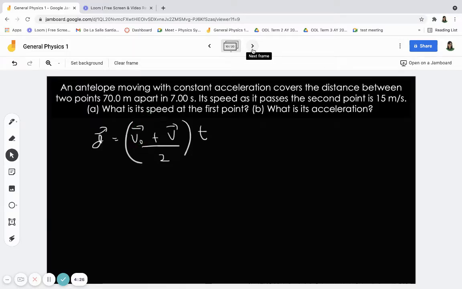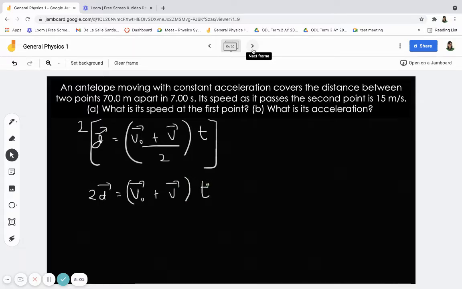And by technique, well, there's no hard rule really when it comes to isolating a variable, but by practice, I usually get rid of the denominator first, because once you get rid of the denominator in the region where you want to isolate something, you'll actually be able to do the rest smoothly. So I'm going to get rid of that denominator 2 by multiplying both sides of the equation by 2, so that it will become 2d equals initial velocity plus final velocity multiplied by time.